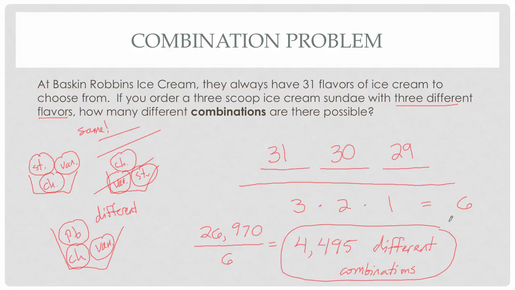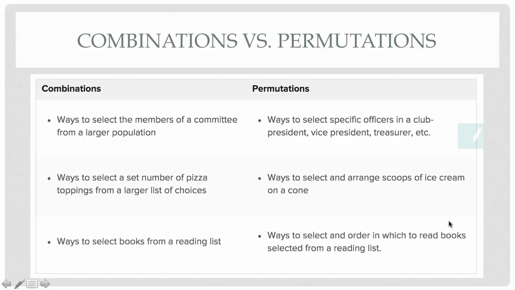If you had a bowl of 3 different types of scoops compared to someone else. Here's another way to kind of distinguish between combinations and permutations. A combination problem would say, how many ways are there to select the members of a committee from a larger population? So say we have a class of 30 students and I want a leadership team of 4 students, but they're a team.